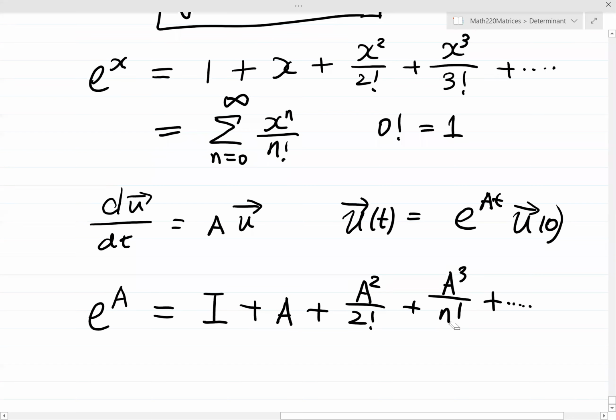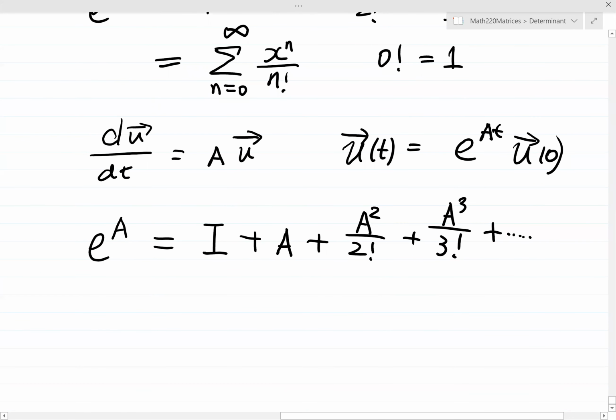Now this is well defined. Why? Because for any fixed matrix A, using matrix multiplication, you can show that the growth rate is controlled by the factorial, so it does not increase too fast.